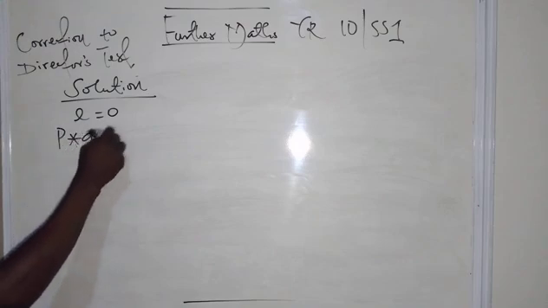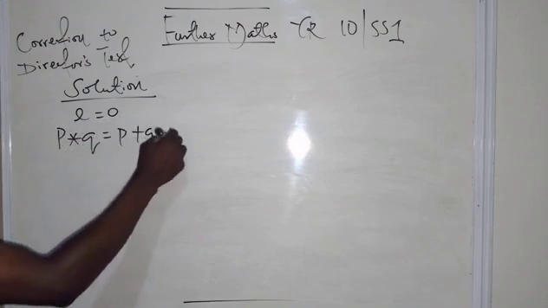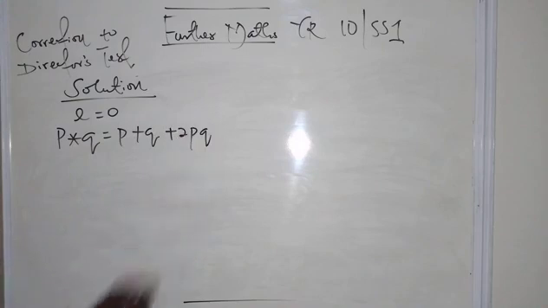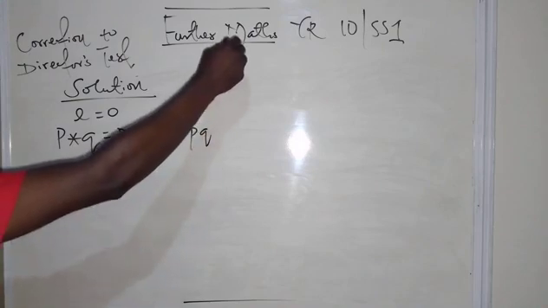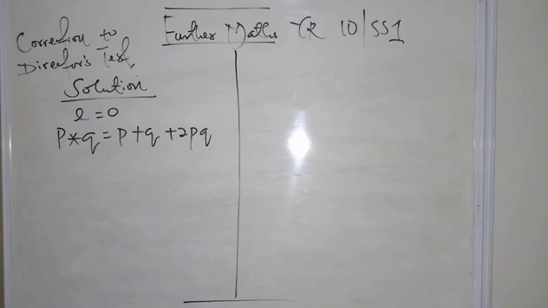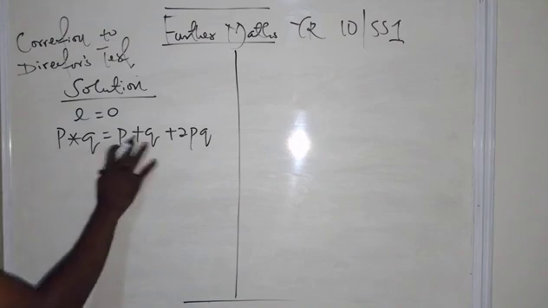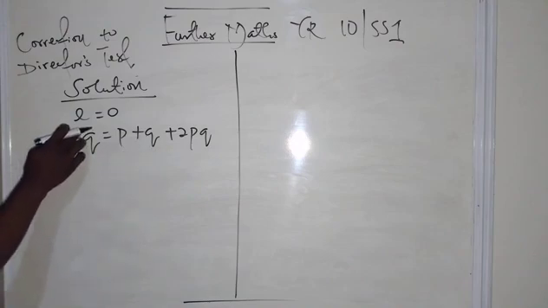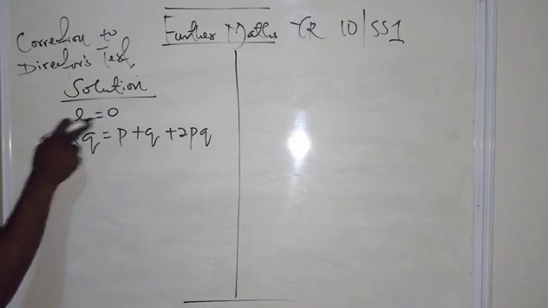P star Q is P plus Q plus 2PQ. So we can have this in such a way that the identity element is 0.